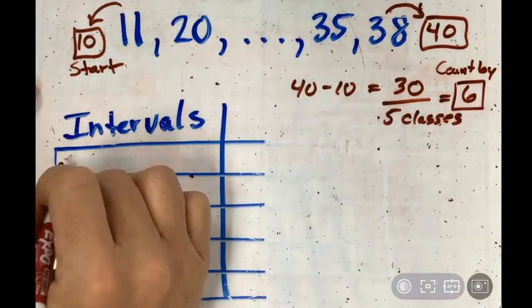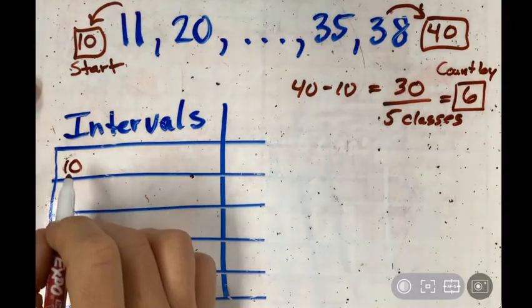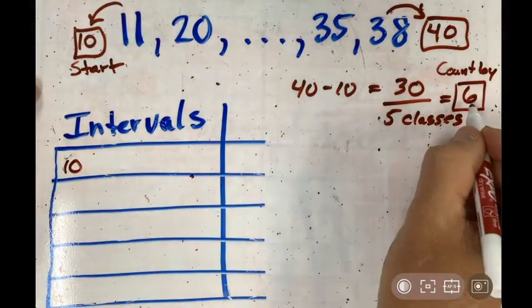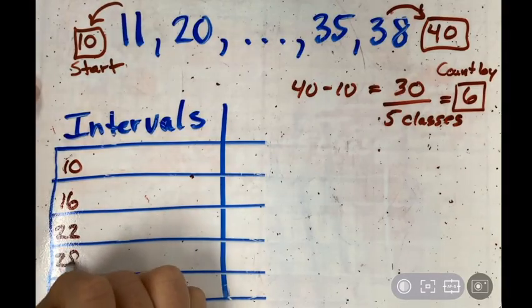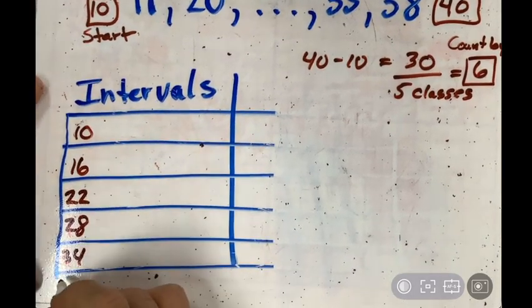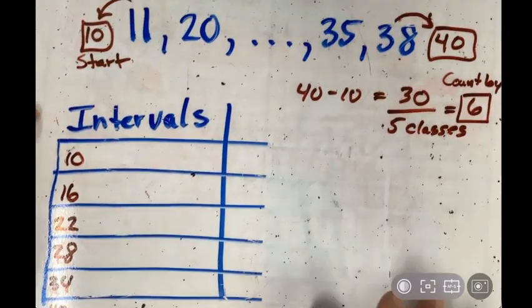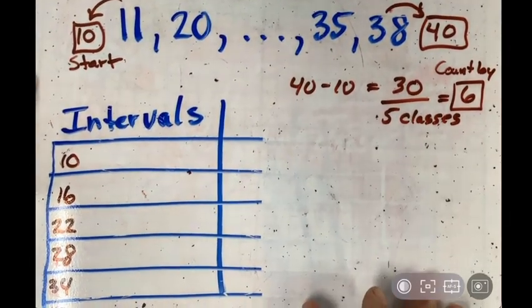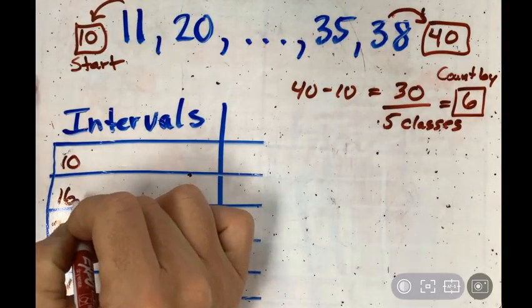So if I start at 10, down this table of classes here that I'm going to create is going to be 10, then it goes by 6s, so that'd be 16, then 22, then 28, then 34, and then you'll notice the 40 would be going to 40 next, but 40 is not a part of these intervals. We always want our intervals to have a starting and stopping point, so we're going to make this thing stop at the one just short of the one below it.